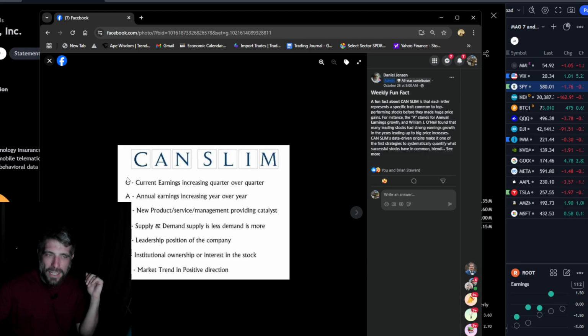So the N is new products, service management, providing a catalyst. The new products can be something like when the iPhone first came out. That was something revolutionary, right? Nobody had that before. And then a couple of other products, like NVIDIA launching Blackwell, I can't remember exactly, but they're really revolutionizing AI.